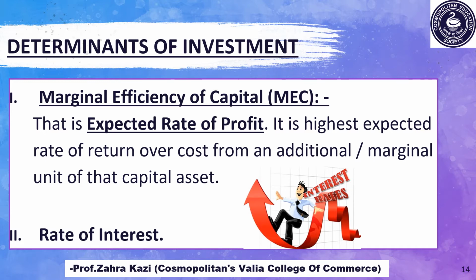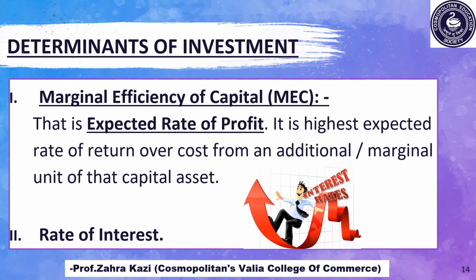Now students, production in a capitalist economy is always profit oriented. Since the primary goal of every businessman is profit maximization, they are induced to invest only if they expect to get profits.